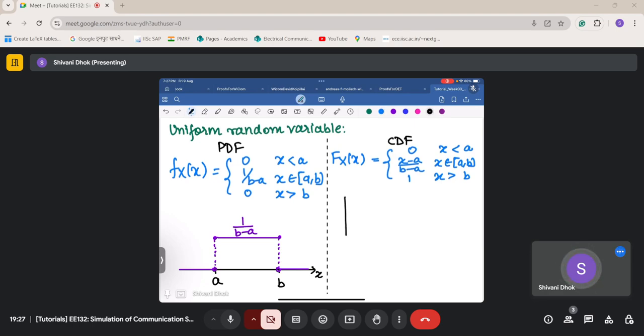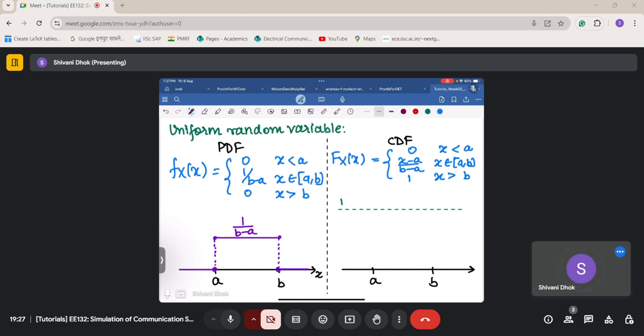Then again we have this axis x, we have a, we have b, and we have the saturation value, which is 1.